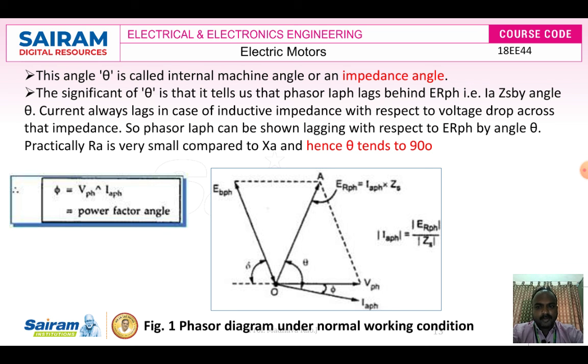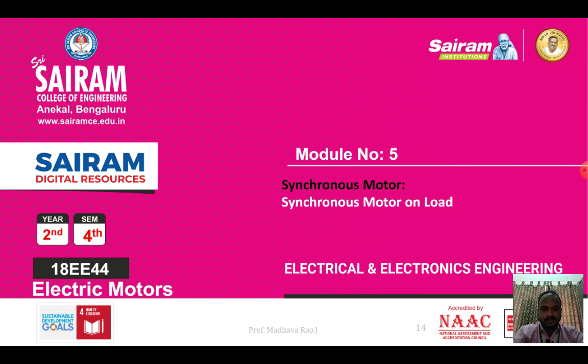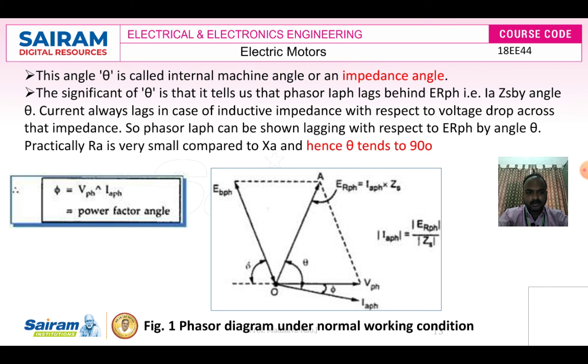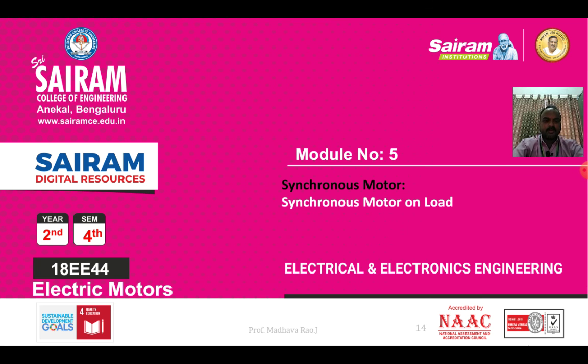Practically RA is very small compared to the reactance XS, hence theta tends to 90 degrees, so you can take theta as 90 degrees. This is about the phasor diagram of a synchronous motor. In the next video we will see the synchronous motor on no load.